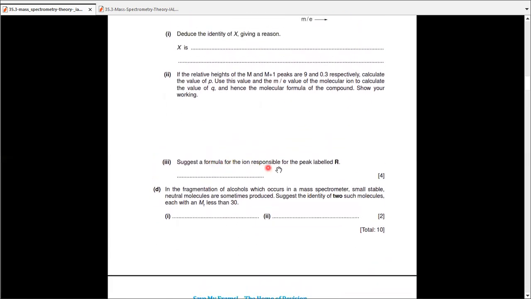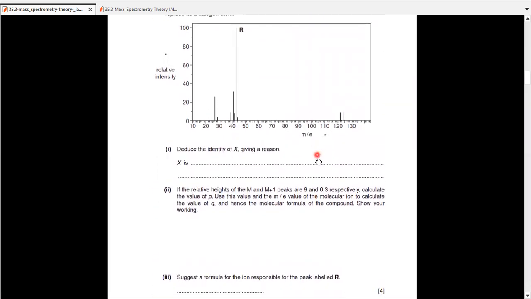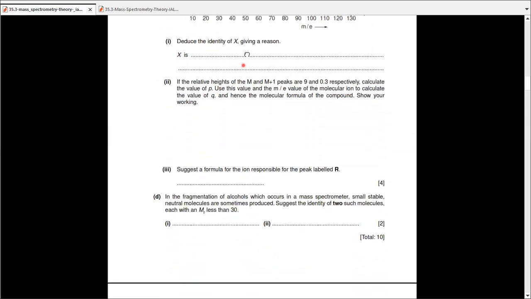Suggest a formula for the ion responsible for the peak labeled as R. M plus sign, molecular ion. Suggest a formula. How many carbon or hydrogen atoms, or what else would it have? Of course, it's not going to have bromine. Bromine is too big for this value. So how many carbon and hydrogen atoms would it have? 1, 2, 3. This is 43. We just did this question.